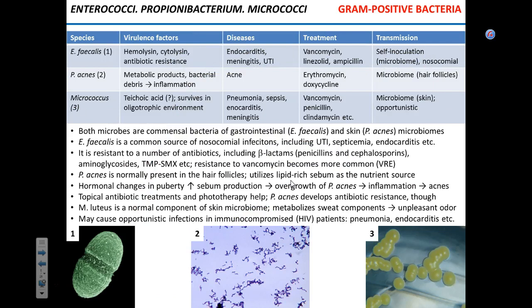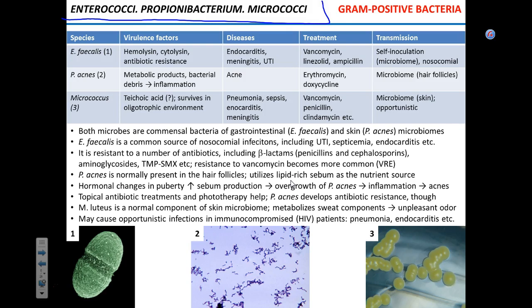Now, these microorganisms, Enterococci, Propionibacterium, and Micrococci, I put them all together, although they belong to different taxa of gram-positive microorganisms. I put them all together because they represent normal human microorganisms found in different locations of the body.